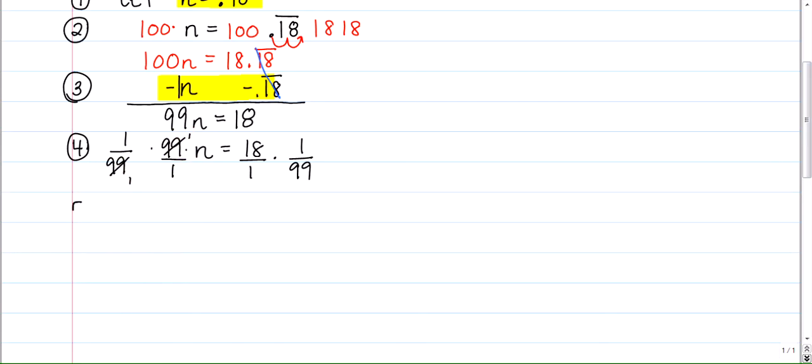And so the fifth step is just to simplify your answer all the way down. So I have n equals, multiply the tops, multiply the bottoms, look for a number that is a common factor, which will be 9, which means my final answer is 2 over 11.